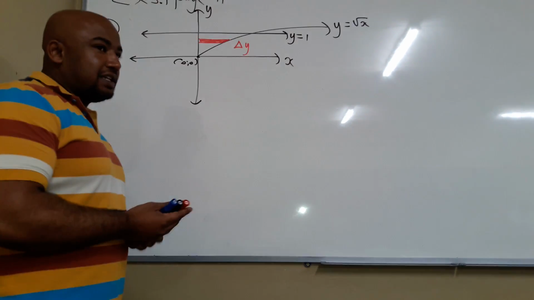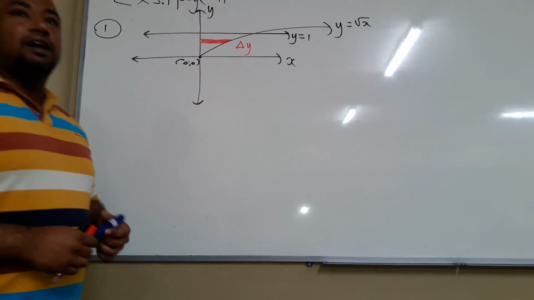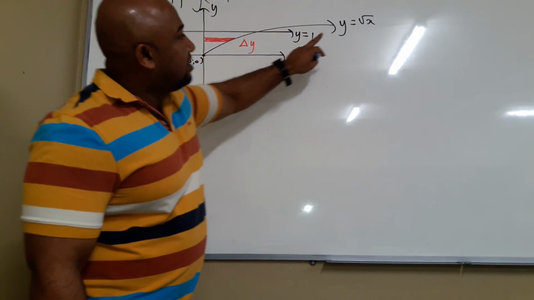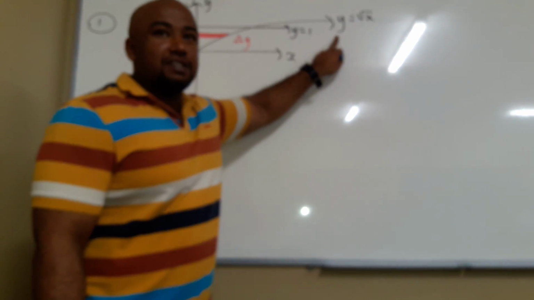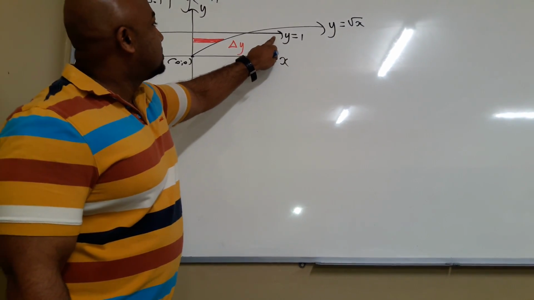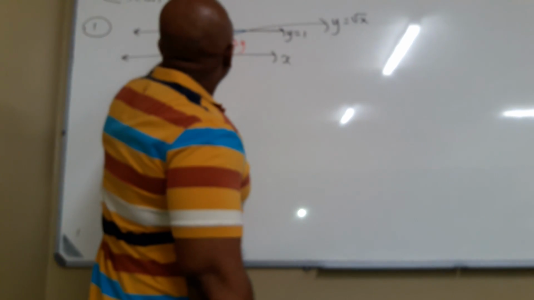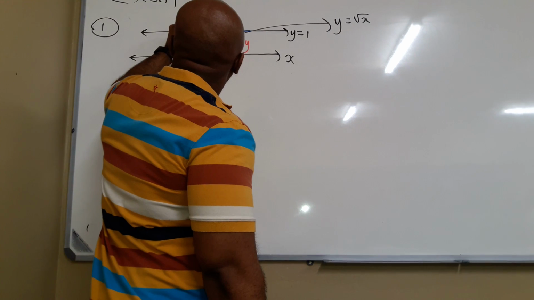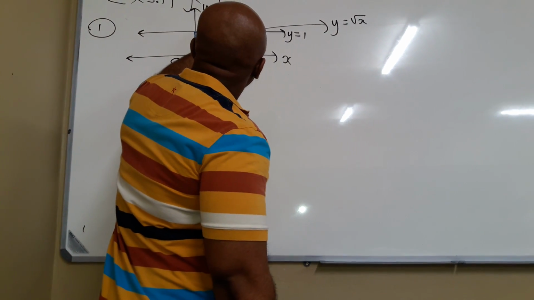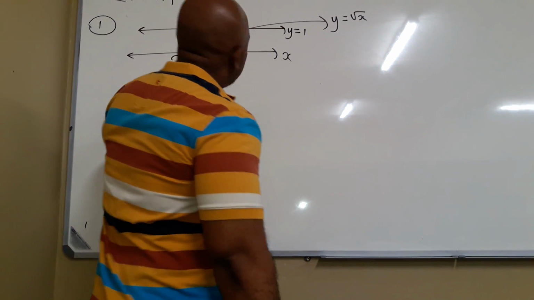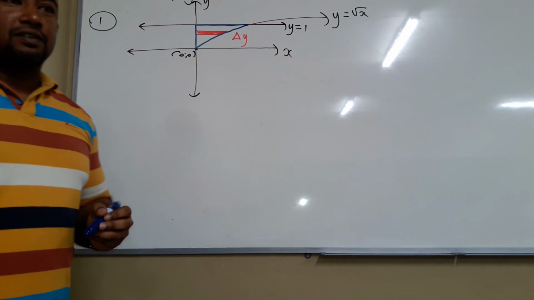It was the area bounded by the curve y is equal to square root of x, y is equal to 1, and the y-axis. So that was the enclosed area.